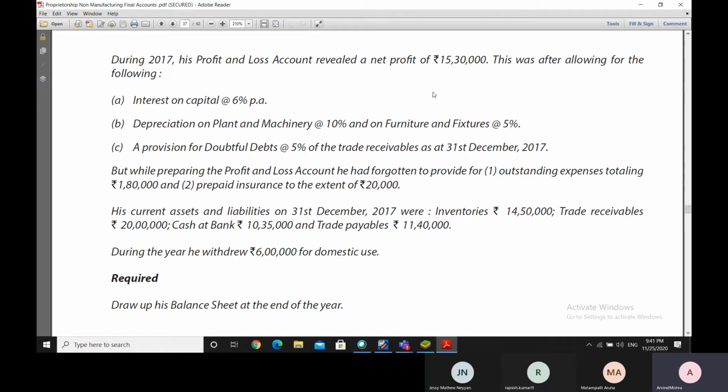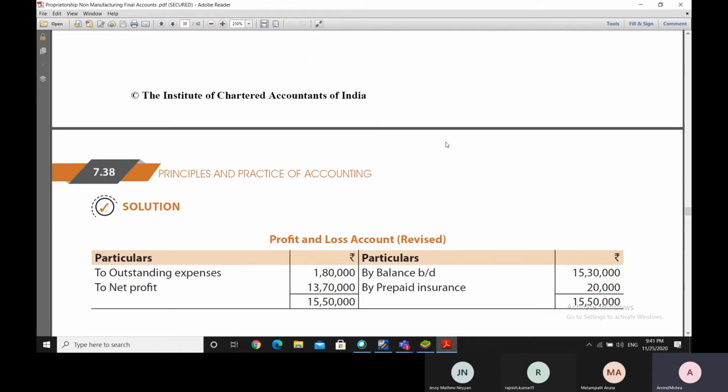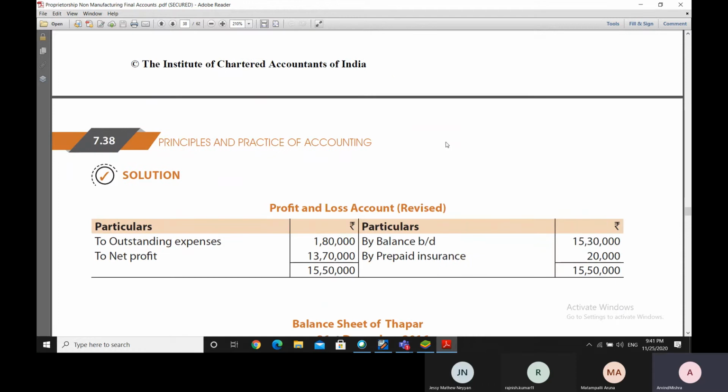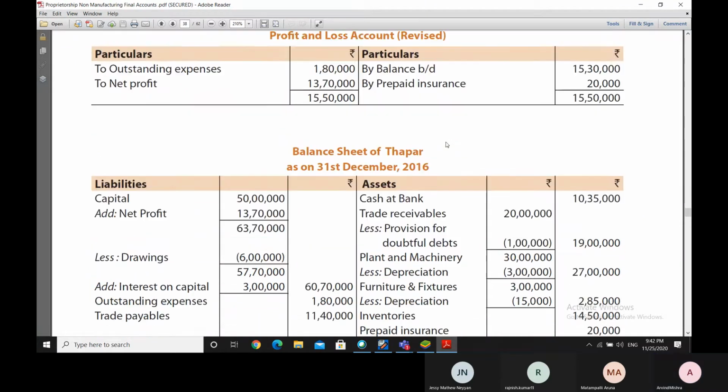Because whenever we make a double entry, the one aspect of the entry will affect the balance sheet on one side, the other aspect will affect the balance sheet on the other side, as we have already seen while making the journal entries. So that is why this double entry system is a very beautiful system of accounting, because by making these double entries, we are side by side ensuring the accuracy of the accounts also to a great extent.